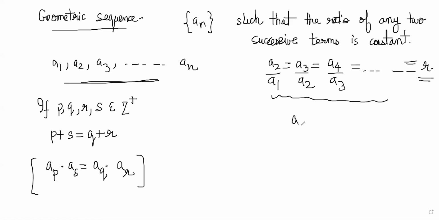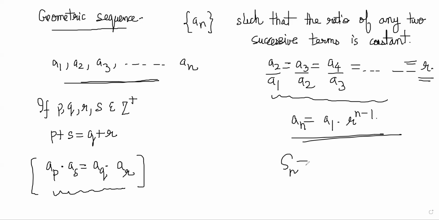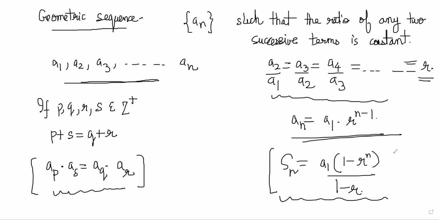So the general term an will be a1 multiplied by r power n minus 1. If you use this formula, you will be able to prove this property. Also, the sum to n terms of the geometric sequence will be a1 times (1 minus r power n) by (1 minus r). The proof is very standard and should be known to you already.